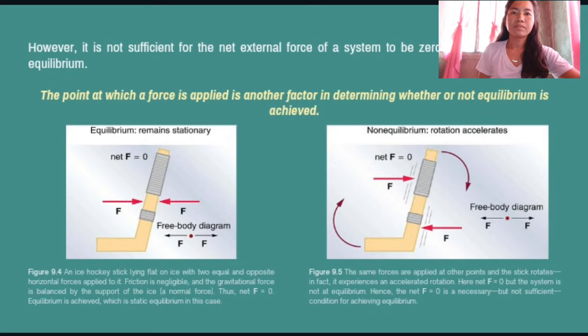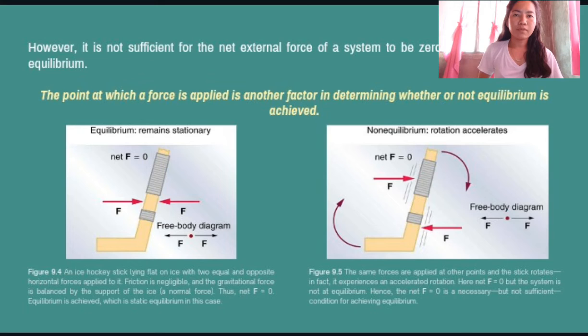Next, however, it is not sufficient for the net external force of a system to be zero for a system to be in equilibrium. The point at which a force is applied is another factor in determining whether or not equilibrium is achieved.